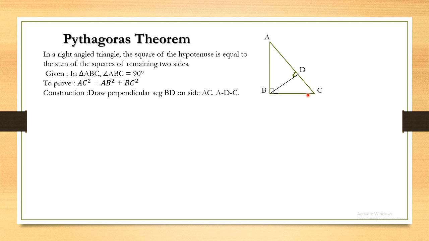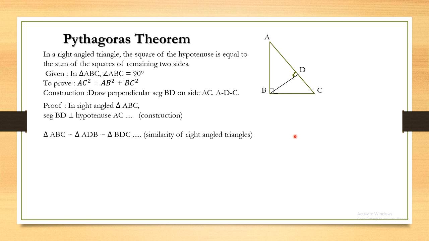Now let's prove. Here we do one construction: draw a segment BD which is perpendicular on hypotenuse AC. That means A, D, C are collinear points. Now in this right angle triangle, two small right angle triangles are formed, and by similarity of right angle triangles we know that these two small triangles are similar to the original triangle.